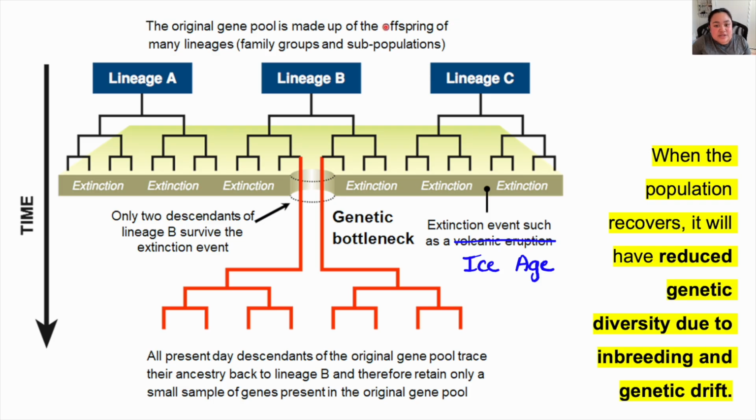The consequence of this inbreeding is the lack of genetic diversity we see in the pool of modern cheetahs today. In fact, all cheetahs today can be traced back to that one lineage that survived the bottleneck event. So when the population recovers, it will have reduced genetic diversity due to inbreeding and genetic drift. And as a result, we see all of these harmful features to the cheetah's survival, such as reduced sperm quality, increased infant mortality, and reduced fertility.